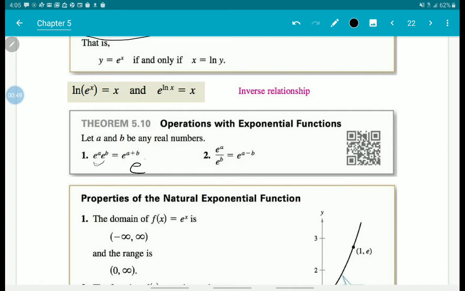For instance, if we have e squared times e cubed, then that would be e to the 5th. And then if we divide and we have the same base, we subtract exponents. So if we have e to the 5th over e squared, it's going to be e to the 5 minus 2. It's always top exponent minus bottom exponent, which is e cubed.